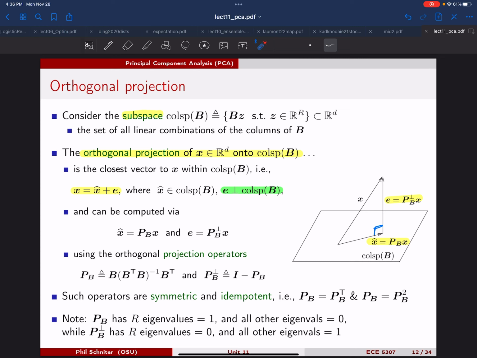Okay, so that's how you get this matrix P_B, and if you multiply x by P_B, you get this approximation x hat that lives in the plane. And if you want to get its error, this is called the orthogonal complement, then you multiply x by P_B perp, which is just I minus P_B. Okay, so these are the orthogonal projection operators.